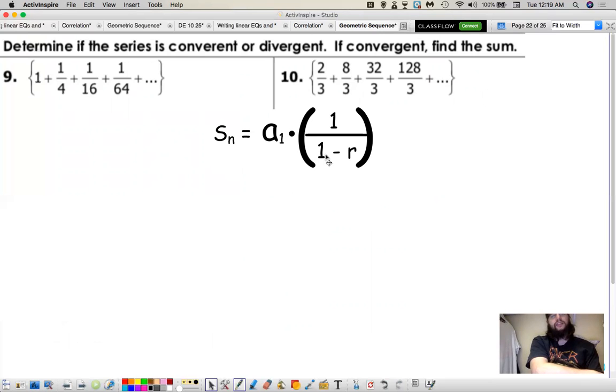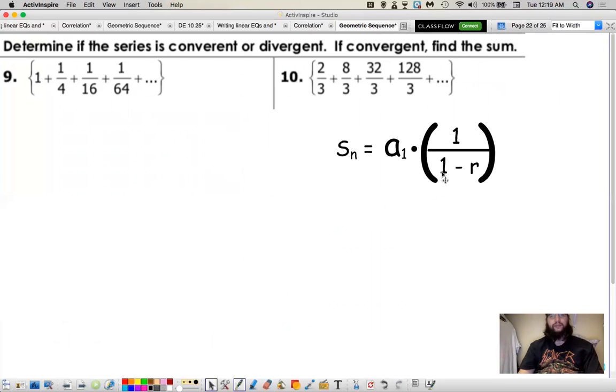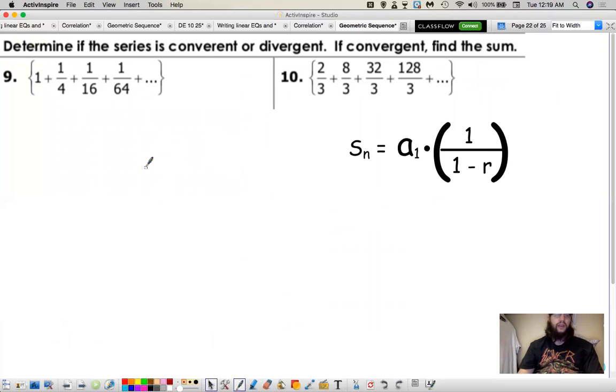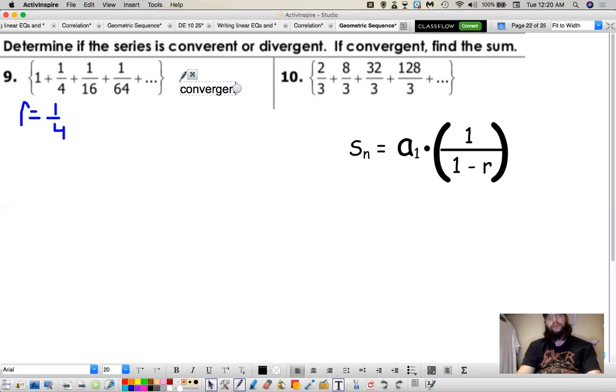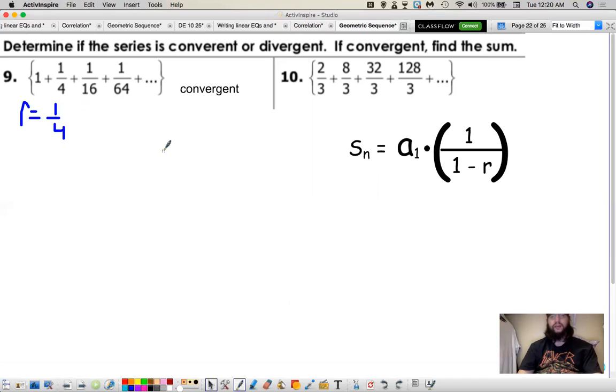So first, let's determine if it's convergent or divergent. And if it converges, we're going to find the sum. Let's see, what's r? Looks like we're dividing by 4, so r is a fourth. Is 1/4 less than 1? Yes, it is. This is convergent. And we're going to plug it in here to find out what the sum is.